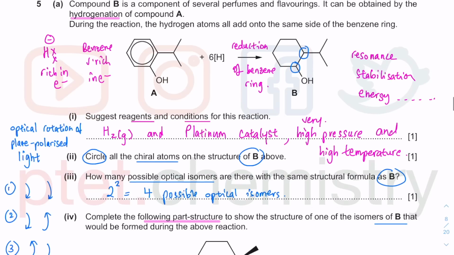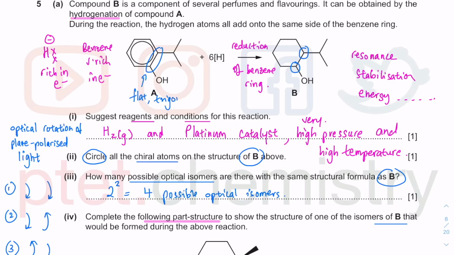Now when you add onto the benzene ring, because this is flat, they ask for circles at B. So when I circle here, I'm not making any mistake because they only ask to circle chiral atoms in there. I circle more than one atom there because I'm not doing chiral atoms for A since they only ask for B. So what I'm doing here is just showing that that one is flat, trigonal planar.